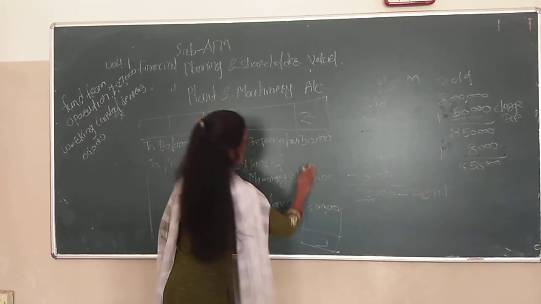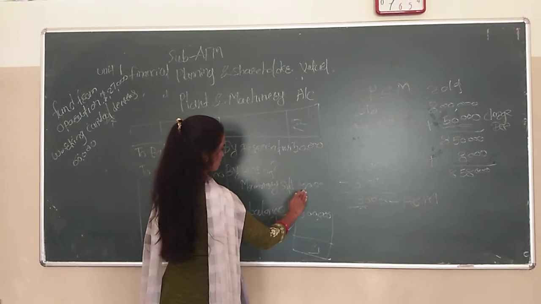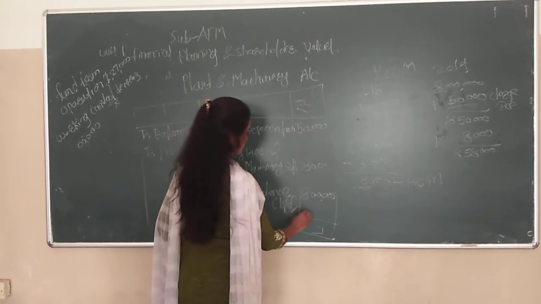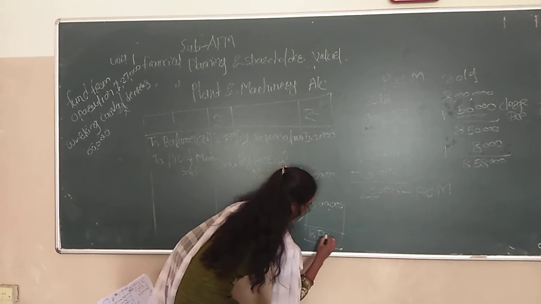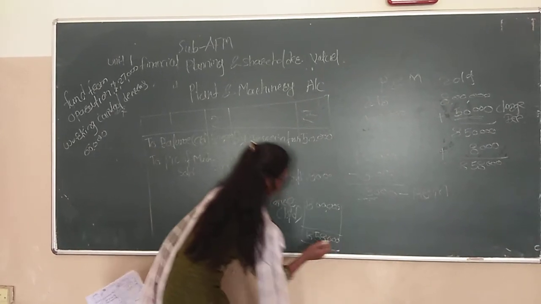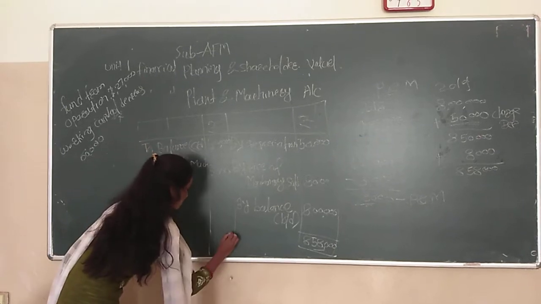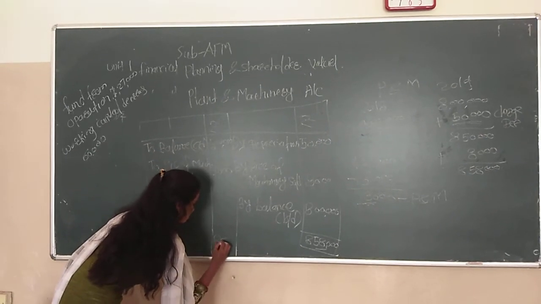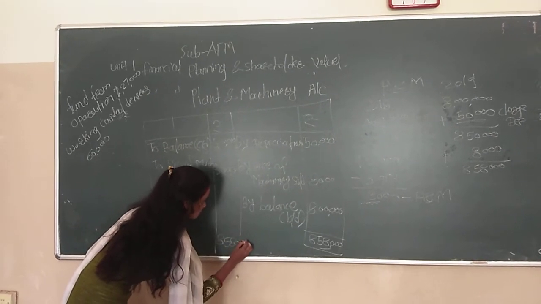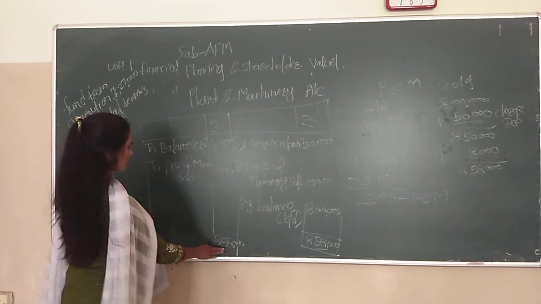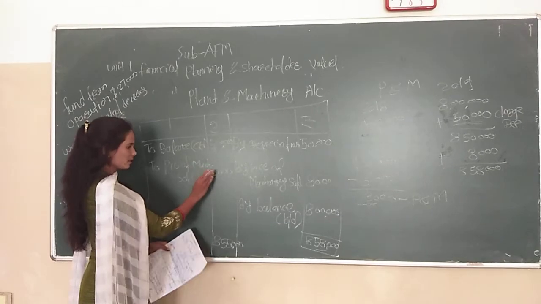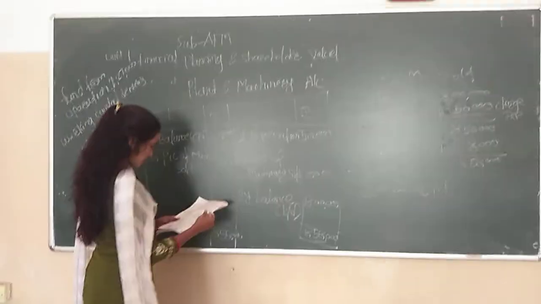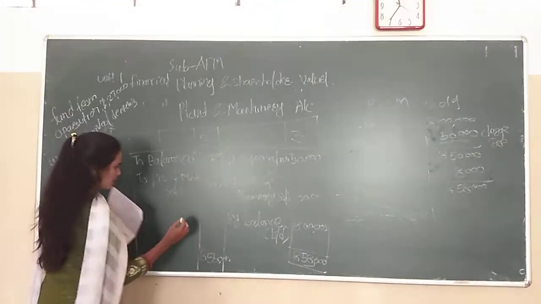This is 50,000 plus 8,000 plus 8 lakh is equal to 8 lakh 58,000. Same here on this side, 8 lakh 58,000. Okay. 8 lakh 58,000 minus 5 lakh 3,000 is equal to 3 lakh 55,000.